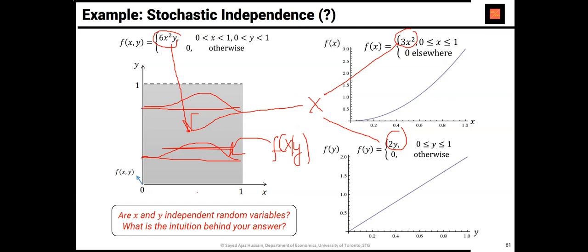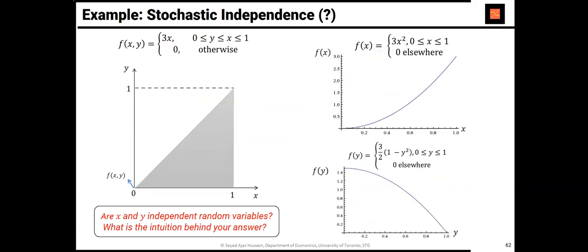So you can see that those conditional densities don't depend on the value of y. Similarly, I don't want to abuse this picture too much, but if you went this way, you can see that the conditional densities of y given x would also have exactly the same shape because the support is a square. So it's not a surprise that in this picture, x and y happen to be independent variables.